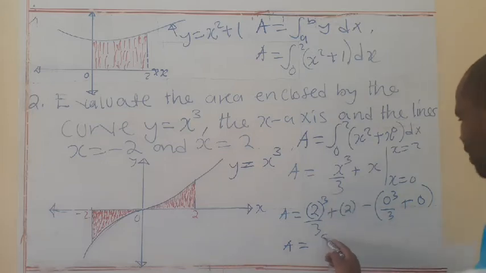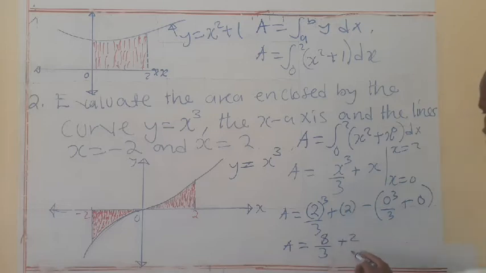So we have 8 divided by 3 plus 2 over 1. If you want, we can get the lowest common denominator, which is 3. 3 into 3 is 1, so we have 8 plus 1 into 3 is 3, by 2 is 6.